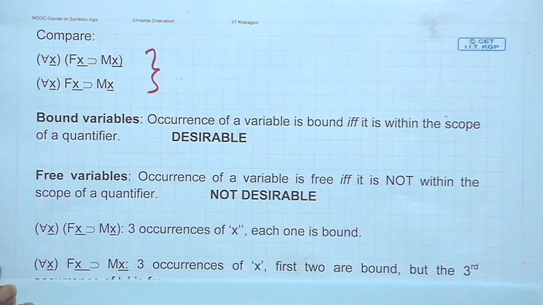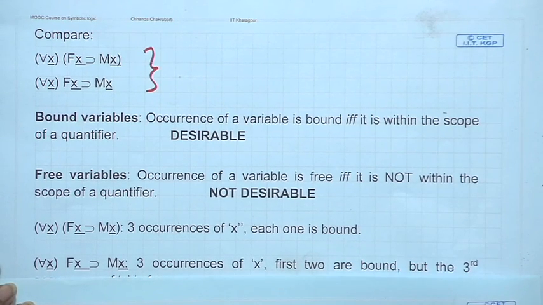Okay. Now, compare that with the situation we have in the second sentence. Again, we have 3 occurrences of the variable x. The first 2, please note, are bound, because one is part of the quantifier, the second one is adjacent, but look at this third occurrence of the x.